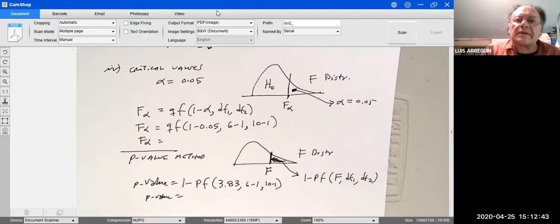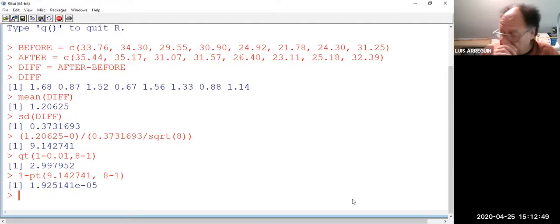And remember, regardless of the method that you use, the decision is going to be the same. So for the critical value, you use qf, remember, lowercase, 1 minus alpha, comma, degrees of freedom from the sample corresponding to the numerator, and then degrees of freedom from the sample corresponding to the denominator.